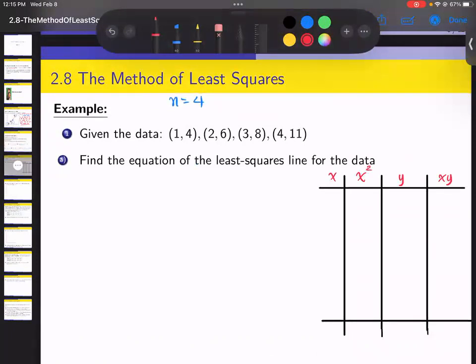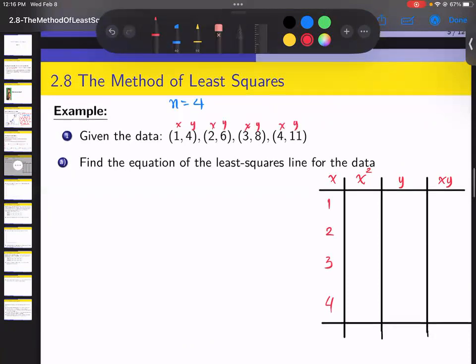X will be 1, 2, 3, and then 4. And the Y will be 4, 6, 8, 11.